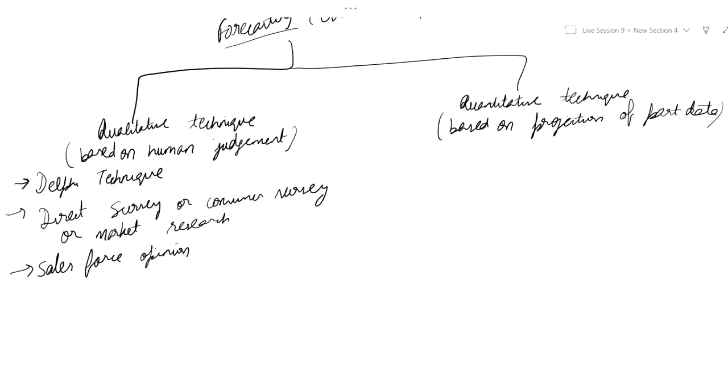Quantitative techniques are based on projection of past data. Now we'll discuss what the Delphi technique is. The Delphi technique is an iterative procedure in which a series of questionnaires are given to management and staff, and based on the answers a common value of forecast is decided.